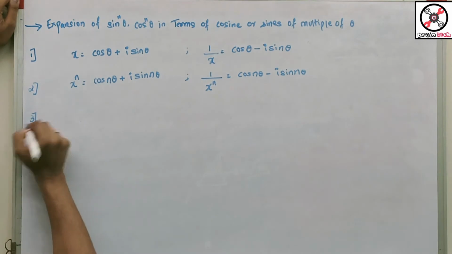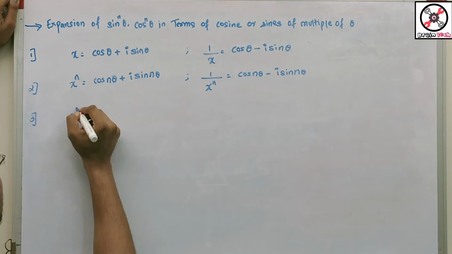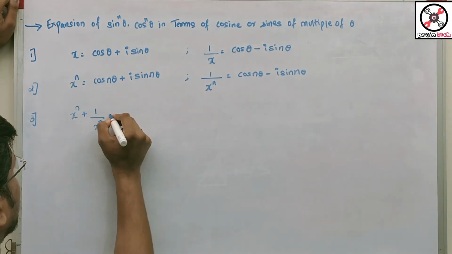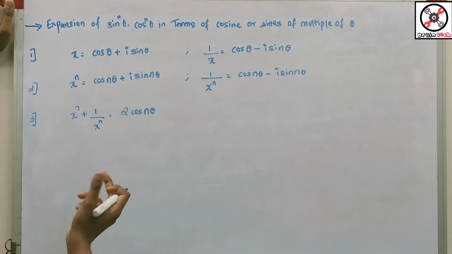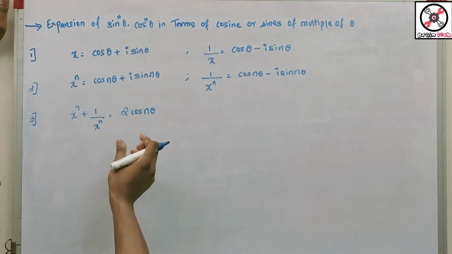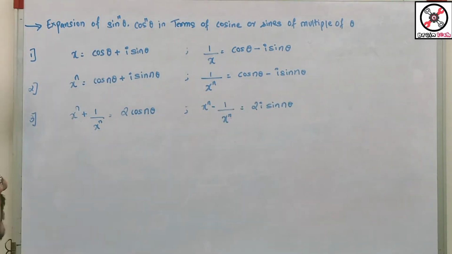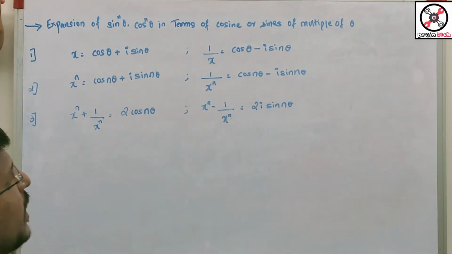Third step is, if we add, then what we'll get? x raised to n plus 1 upon x raised to n will be 2 cos n theta. Whenever a cos term is given in the question, straight away use x plus 1 by x. And if they give a question as sine raised to something, then straight away use x minus 1 by x.